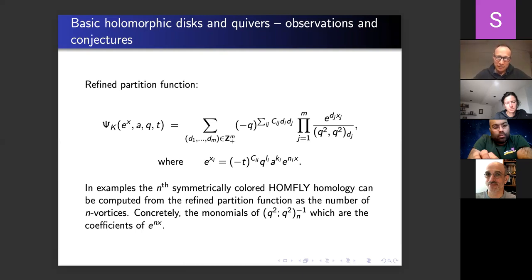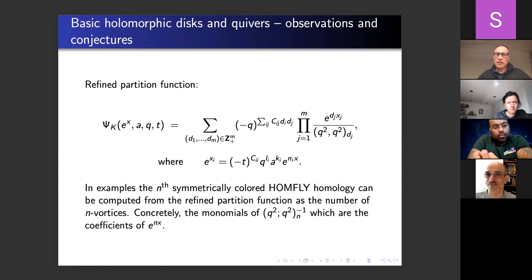But the observation is that there is some kind of simplest or best quiver, at least for simple knots where it's been tested, for which this refined partition function knows the colored HOMFLY homology, at least in the symmetric coloring.